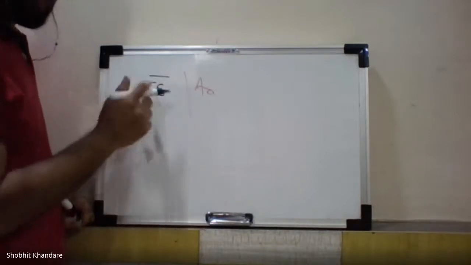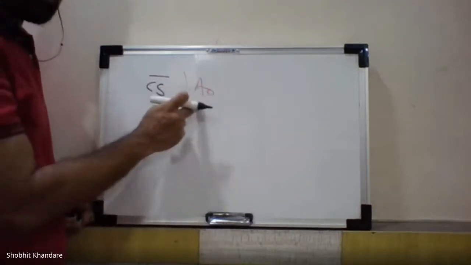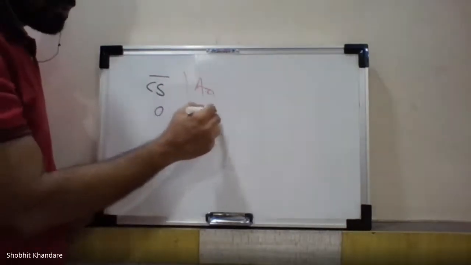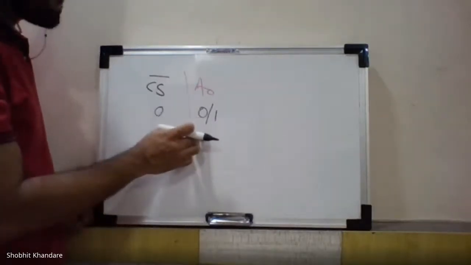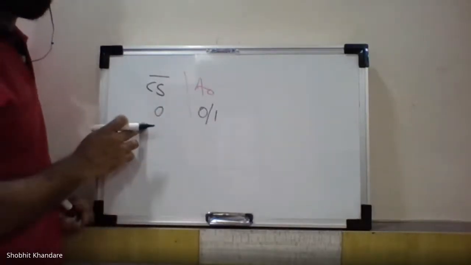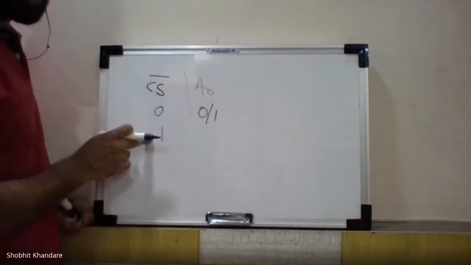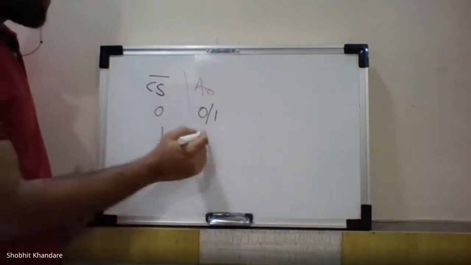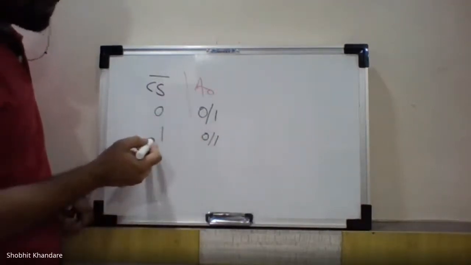CS bar should always be 0, and A0 will fluctuate, it will be either 0 or 1. If CS bar is 1, that means we are not selecting that 8259, so whether A0 is 0 or 1, that chip will not be selected.